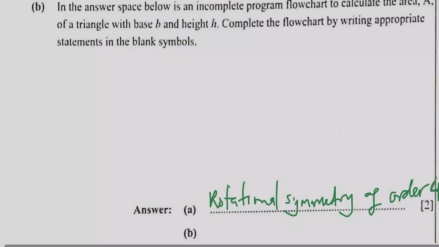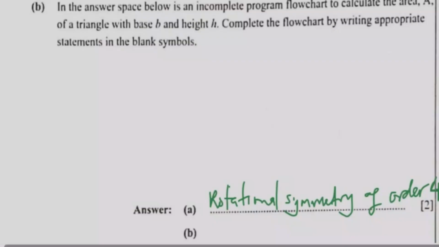The actual question is, write down the order of rotational symmetry of the cuboid about the axis PQ. So that means it will be 4 times. When it turns 360 degrees, it will have a similar position 4 times. Every 90 degrees, it will have a similar position. Okay, so that is the answer for that.